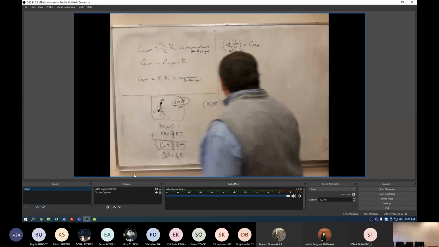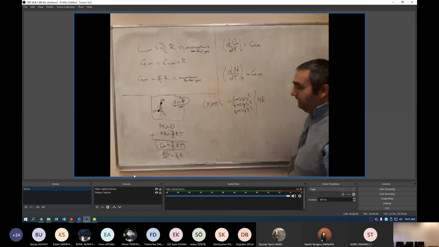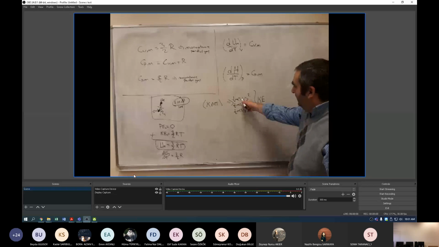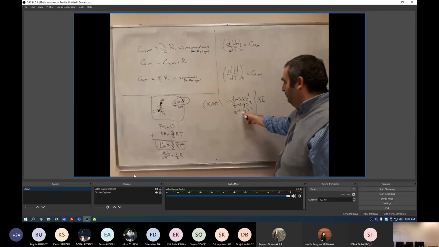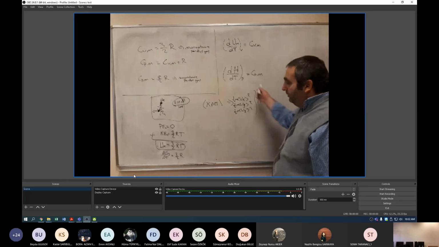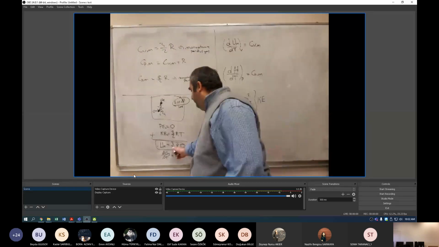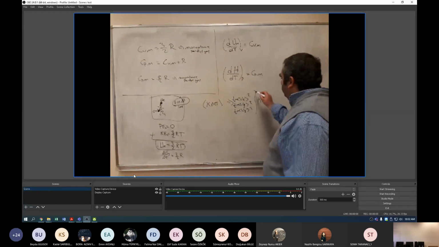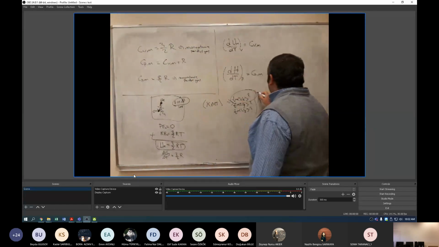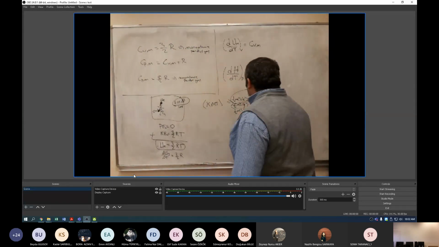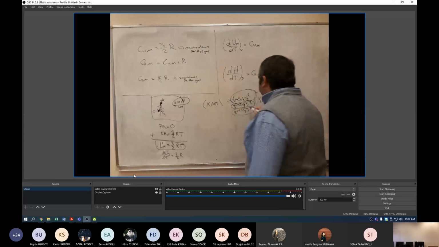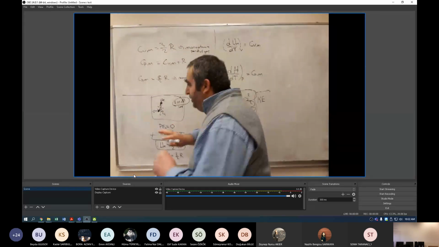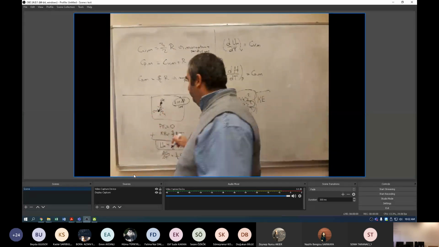So this molecule can move in all 3 axes with average speed of vx squared, vy squared, and vz squared. And their total energy is given by this formula. So that means that for each direction, if I assume the energy is evenly distributed, okay?